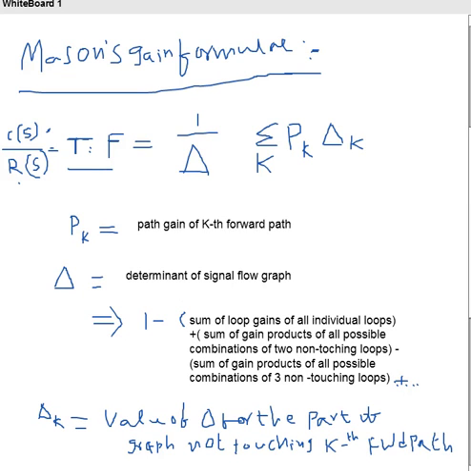Before going to problems, I will explain some terms: what is a node, what is a loop, and how to draw the signal flow graph. The definition of a signal flow graph is a graphical representation of the relationship between the variables of a set of linear algebraic equations.